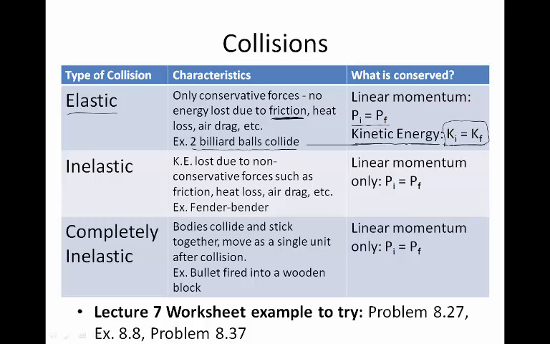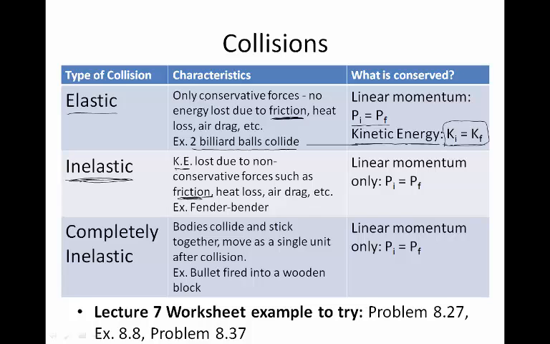Okay, the next kind of collision is basically most other real-world examples, an inelastic collision. You're going to have some energy lost due to non-conservative forces like friction, heat loss, sound, whatever. Mostly friction is your big factor here.